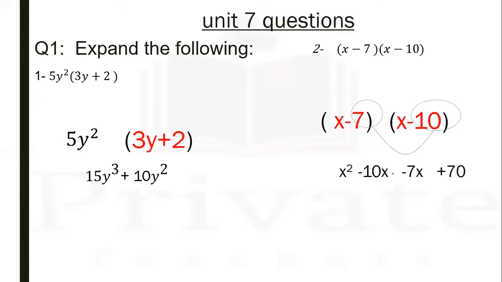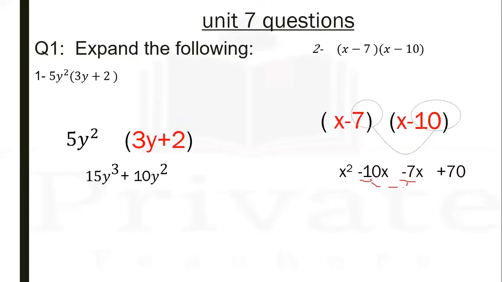Here, negative 10x, we have a term that contains x, so this one and this one are like terms. For the 70, we don't have any other separate numbers, so the 70 is the final answer also. So only negative 10x and negative 7x are like terms.